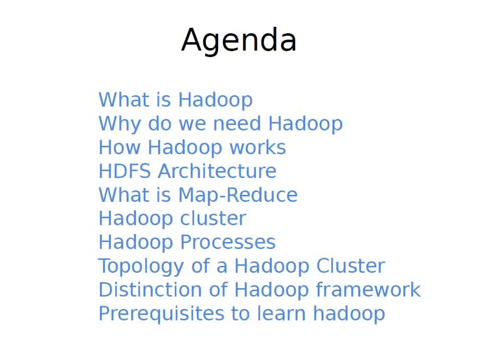Then what is a Hadoop cluster, what are the different Hadoop processes, topology of a Hadoop cluster, distinction of the Hadoop framework, and last but not the least, the prerequisites to learn Hadoop. What are the software and hardware requirements if you want to go for this Hadoop training? And distinction means how the Hadoop framework is different from other frameworks.